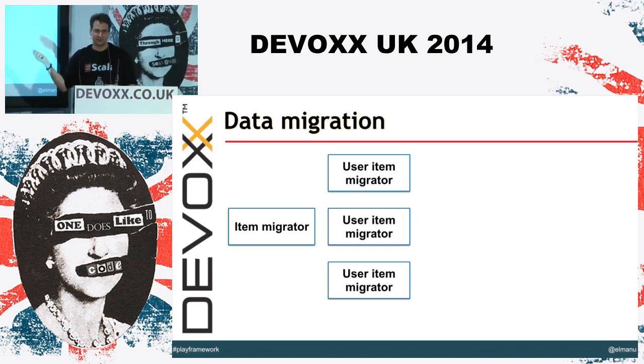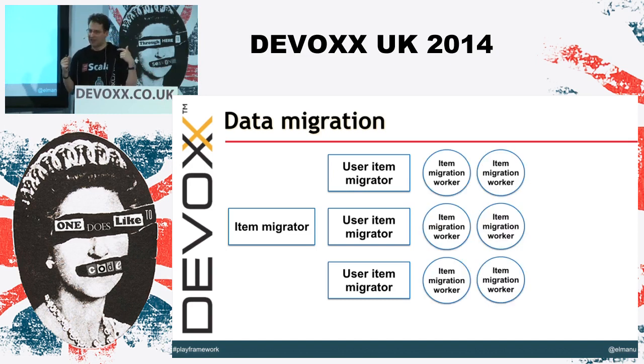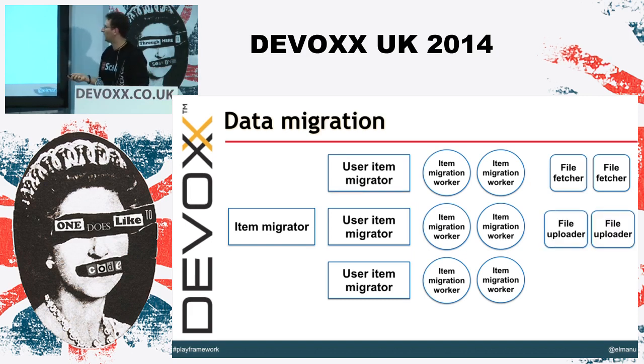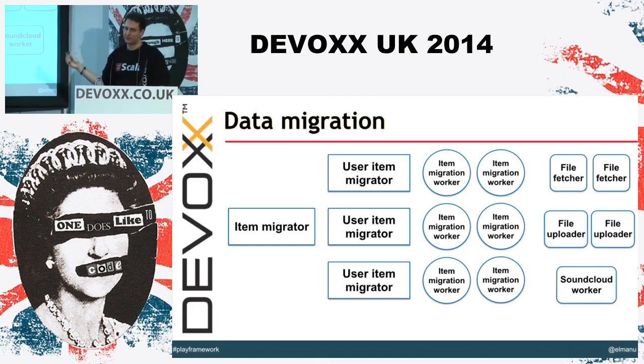And these guys were, in turn, walking over the items in the legacy system and sending them off to a pool of item migration workers. And these item migration workers were talking to other more specialized actors in order to do stuff based on what type of data it was, and whether you had to talk to SoundCloud.